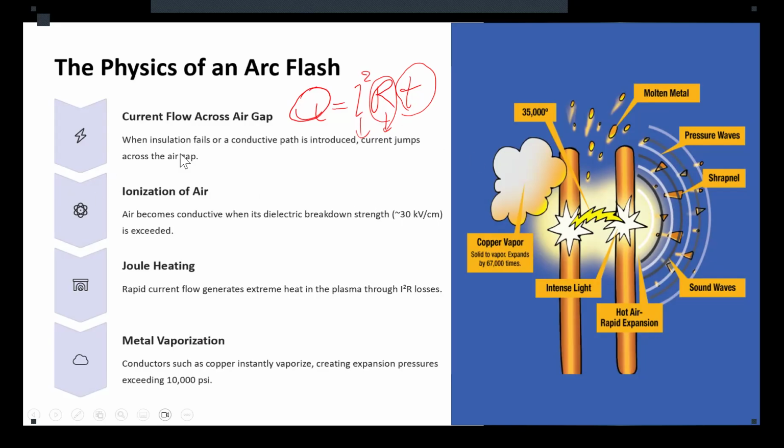This formula gives us Q, the Joule heating resulting from that arc flash.